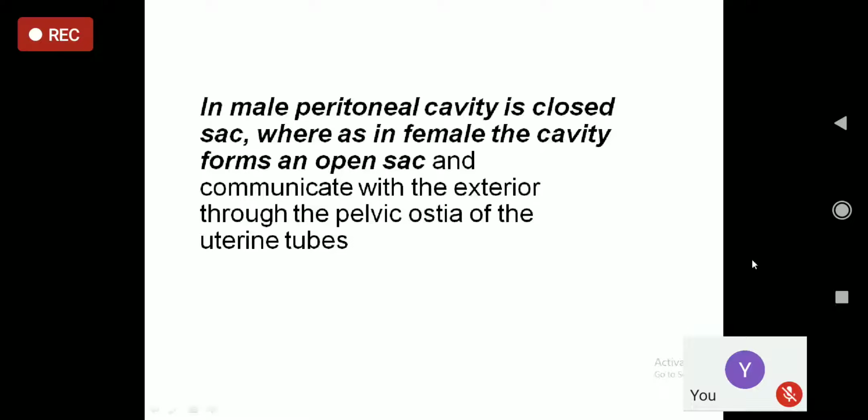We'll discuss the female reproductive tract later on, but the uterine tube or fallopian tube has a fimbriated end on the lateral aspect, and it has the opening to grasp the ova from the ovary, so the pelvic ostia communicates with the external surface in the female. In the male, no such structure is there, so in the male the peritoneal cavity is a closed sac, whereas in the female it is an open sac.